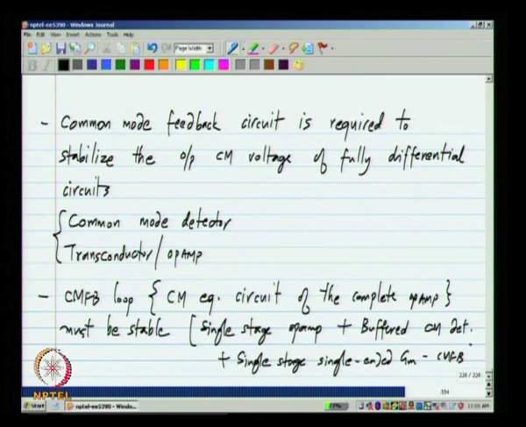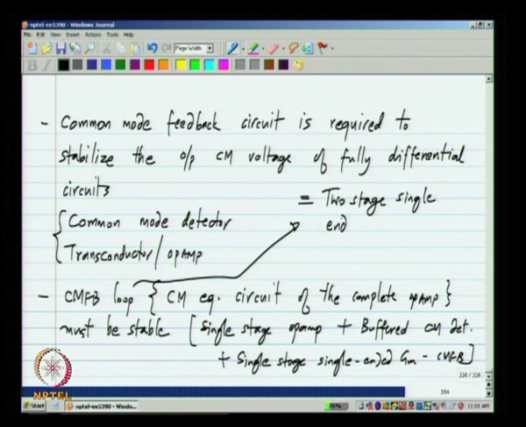Okay. Now, in this case the common mode feedback loop itself looks like a two stage single ended op amp. Okay. And you have to analyze this usually with a simulator and ensure that it is stable.